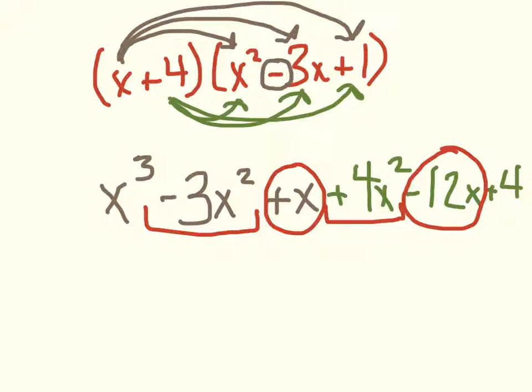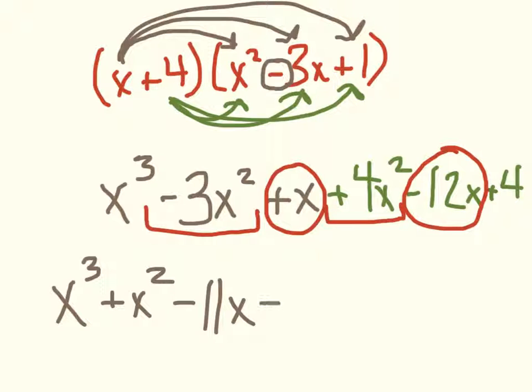Okay, so when I bring all these together, x to the third needs to be brought down, doesn't have anything to combine with it. Negative 3x squared and a positive 4x squared is going to give me positive x squared. And then negative 11x plus 4.